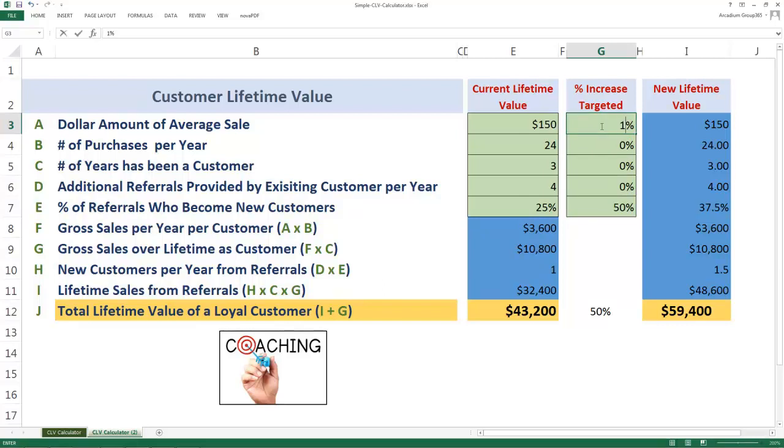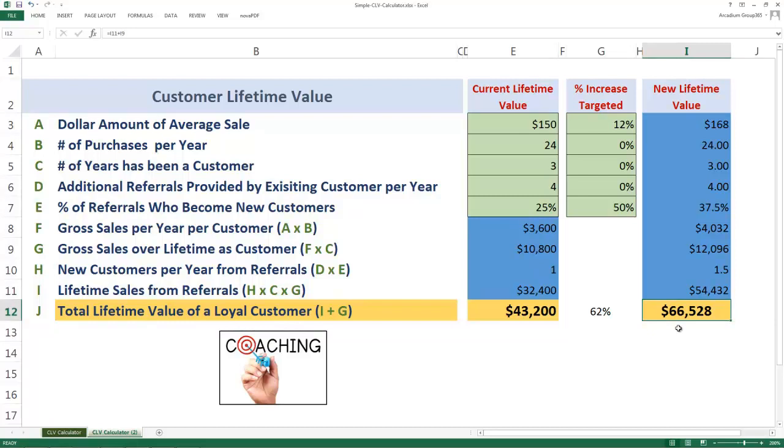We'll just use 12% and say now it's $168 per hour. Same amount of purchases per year, same amount of years you stay a customer, same amount of referrals, but now that coaching client becomes a $66,528 lifetime value client.